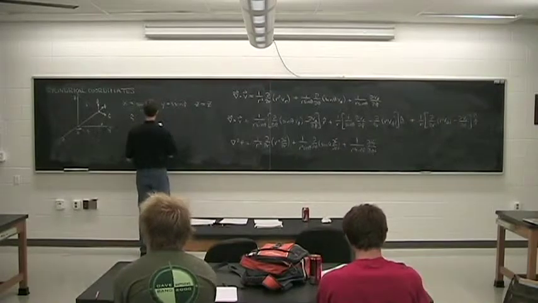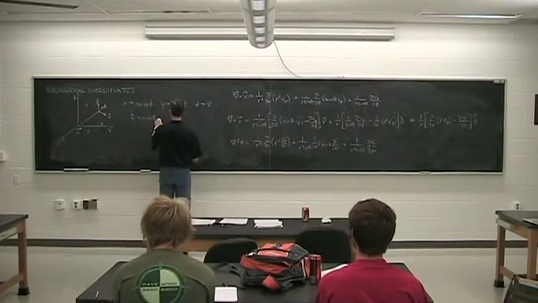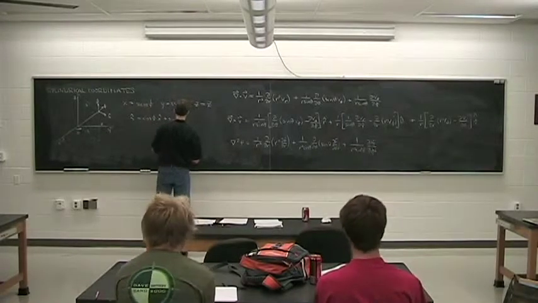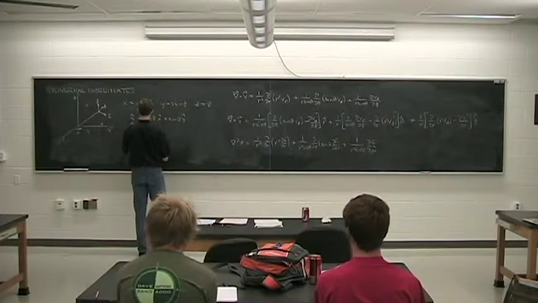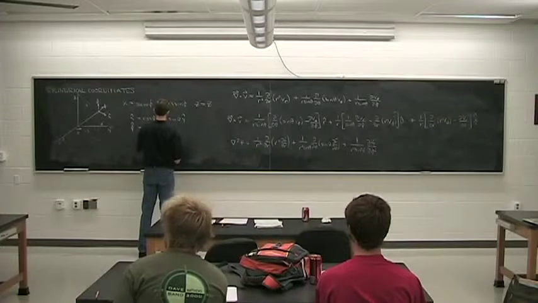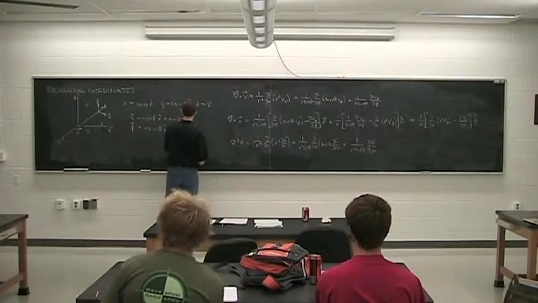And s hat is equal to cosine phi x hat plus sine phi y hat, and phi hat is equal to minus sine phi x hat plus cosine phi y hat.